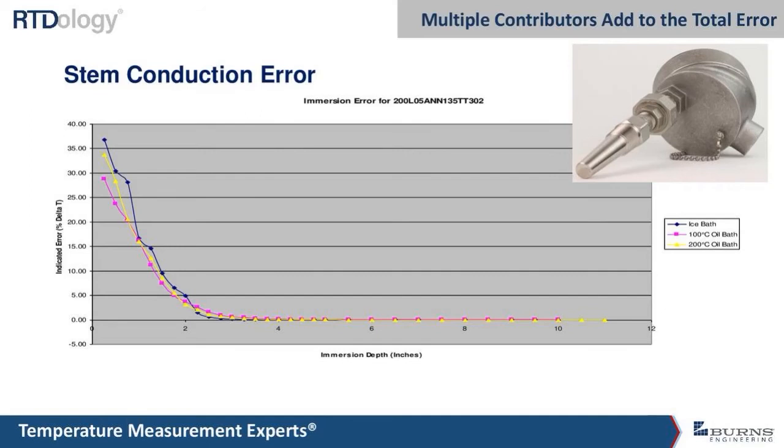So when we start out on the left side of the graph, when we get down to about 3 to 4 inches of immersion, most of the stem conduction for this type of assembly goes away. What I usually recommend is that we go 4.5 inches as a minimum immersion to avoid stem conduction. Again, this test was done in an oil bath. The numbers are very similar for fluids that have similar properties to water.